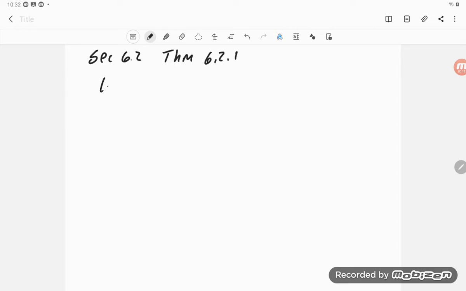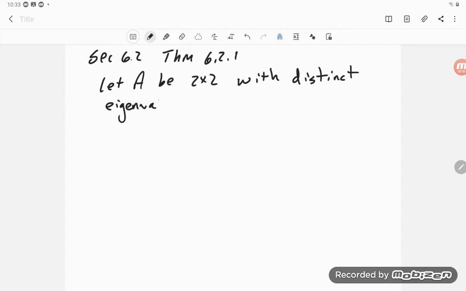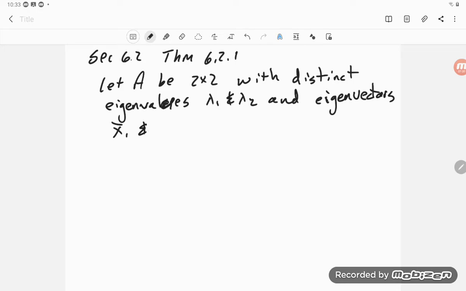If we let A be 2 by 2, and again we assume it's in the complex numbers, with distinct eigenvalues lambda 1 and lambda 2, and corresponding eigenvectors X1 and X2.